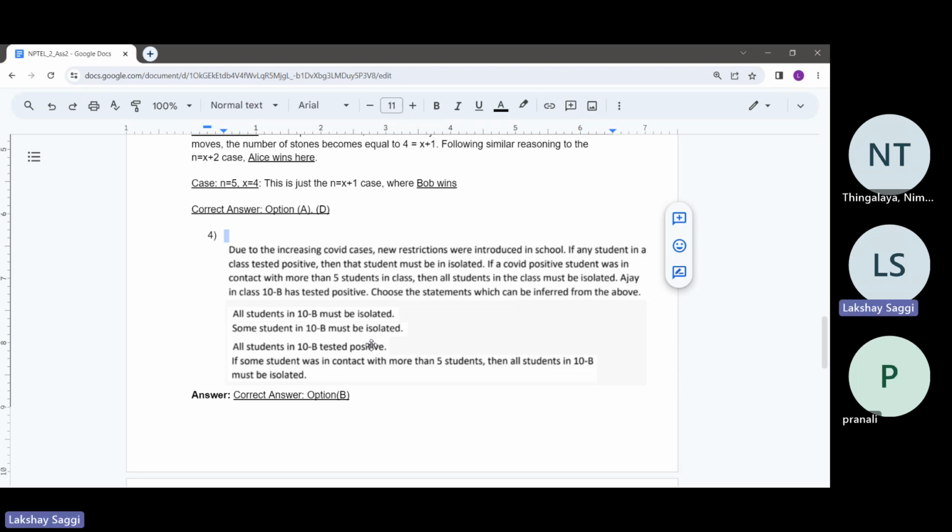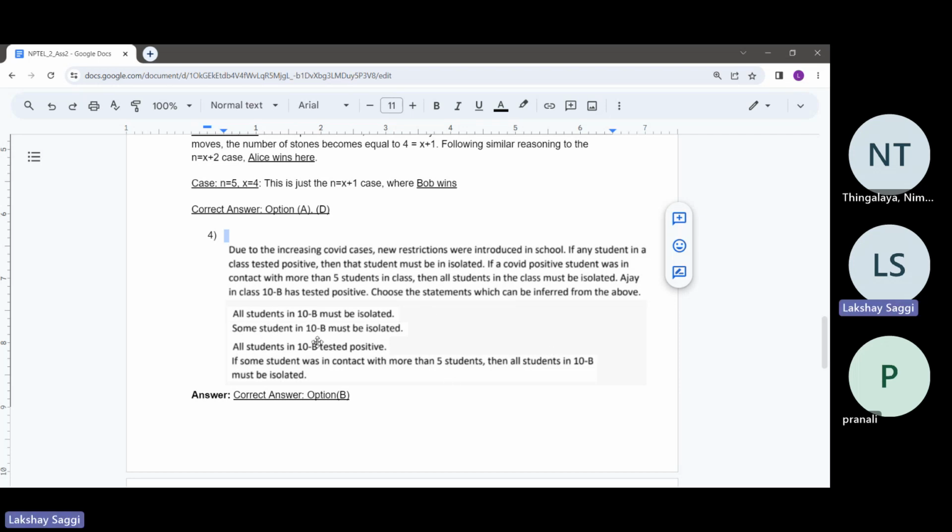And we know that there exists at least one student who is isolated, and that student is Ajay. It's not that you can replace this "some student" by any name, like Ajay or Rajiv or anything. It's just that at least one student should have this property. At least one student must be isolated. And here we know that Ajay must be isolated. So this option B is true.